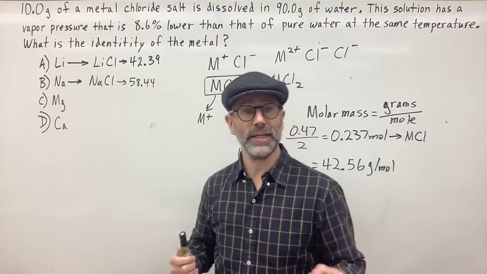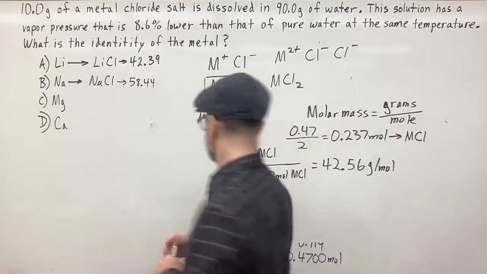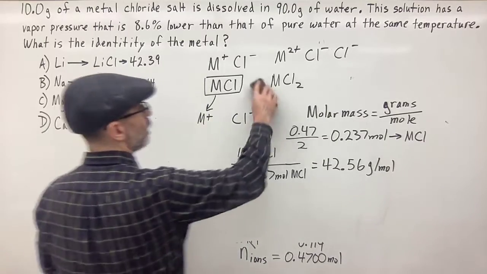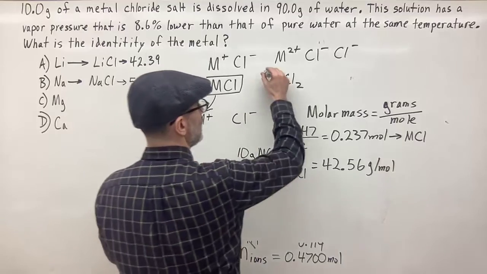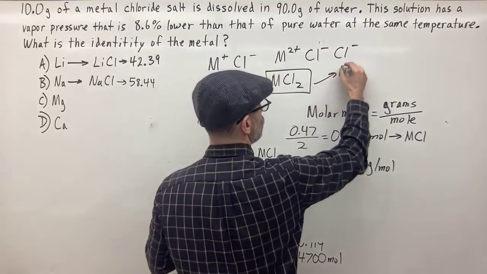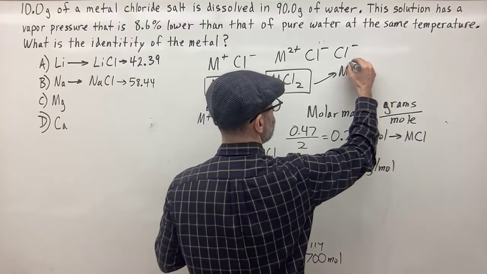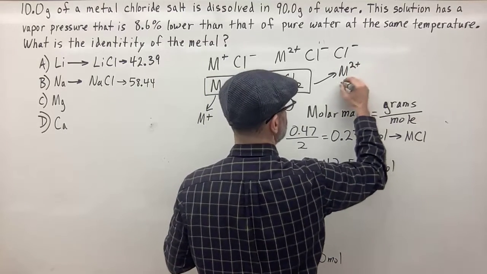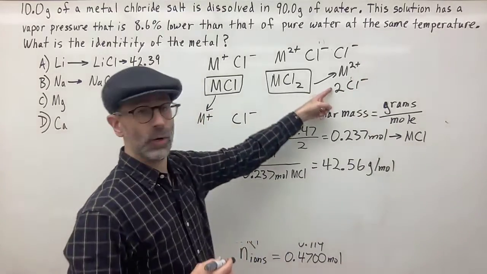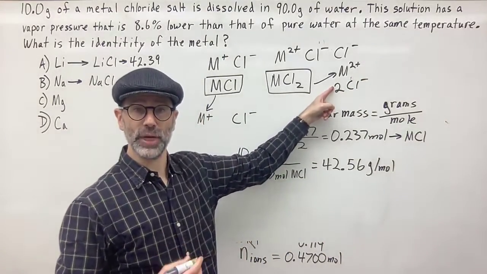But let's go ahead and test the C and D. So in this case, if the formula is this one, then we know that this is going to break up into M2 plus and 2Cl minus ions. So here we're going to have a factor of 3.